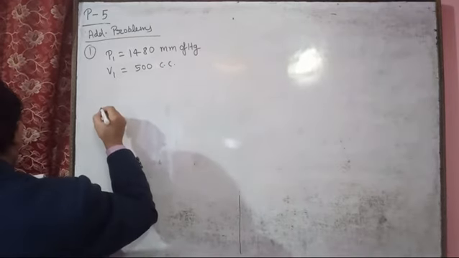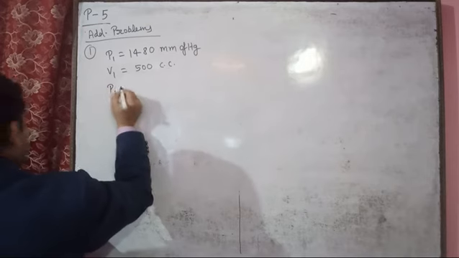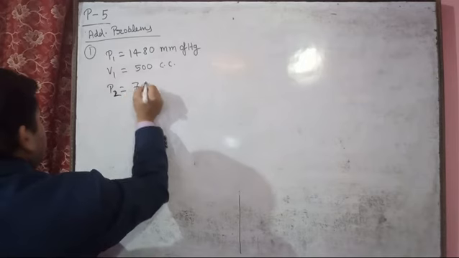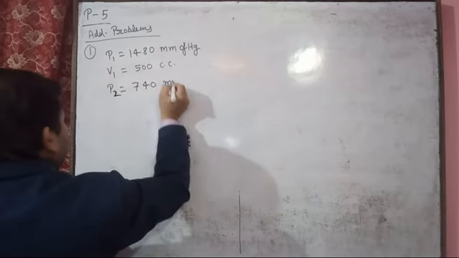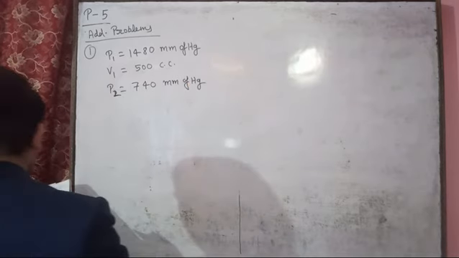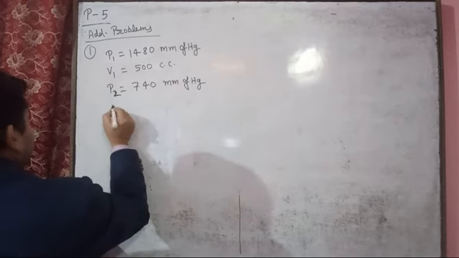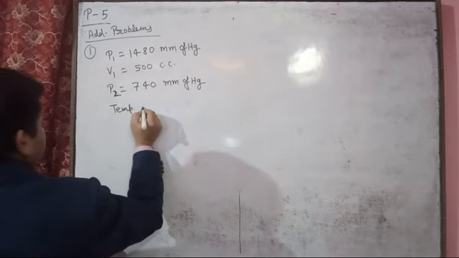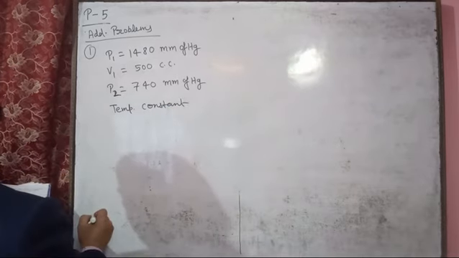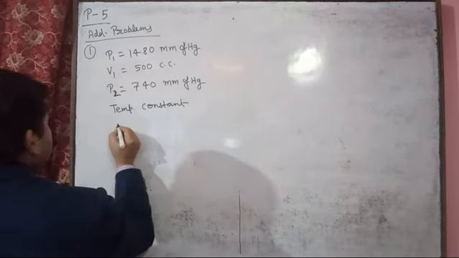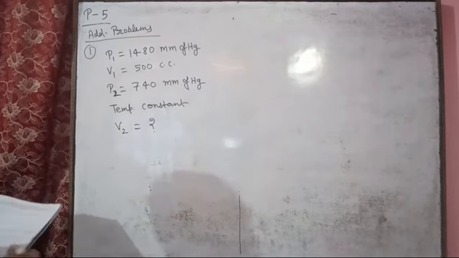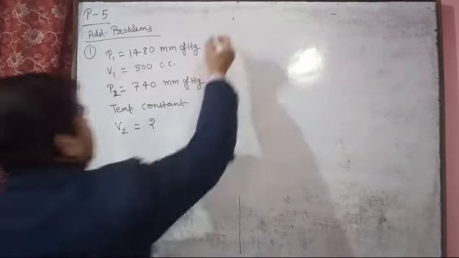P2 is given as 740 mm of Hg, and the temperature is constant. What volume will the gas occupy? So we have to determine the volume V2.